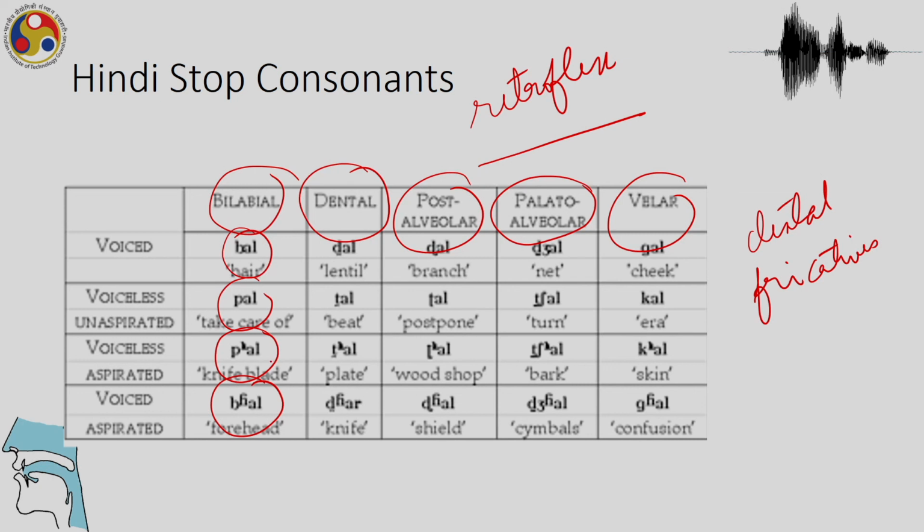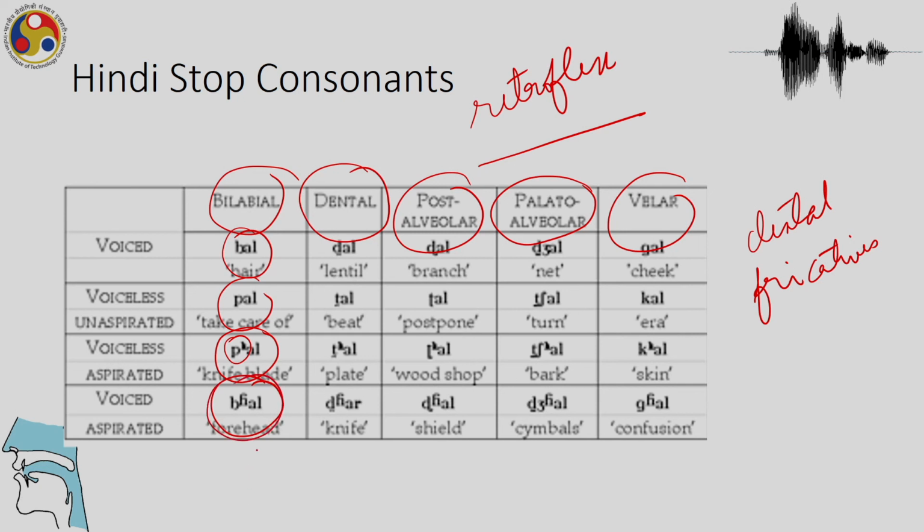We know from our previous class that aspiration is the production of extra release, extra air in the release of a sound, or sometimes also at the closure. These are produced at the time of the release of the consonant of a voiceless aspirated sound. Now Hindi and many Indian languages are unique for production of voiced aspirates.